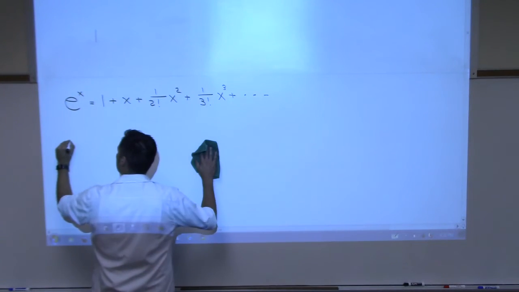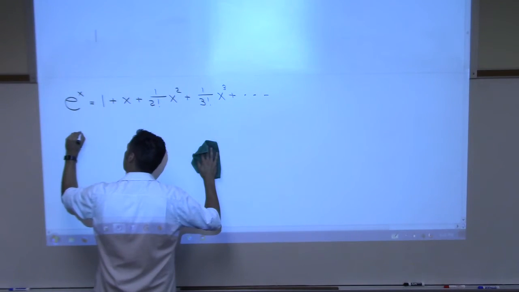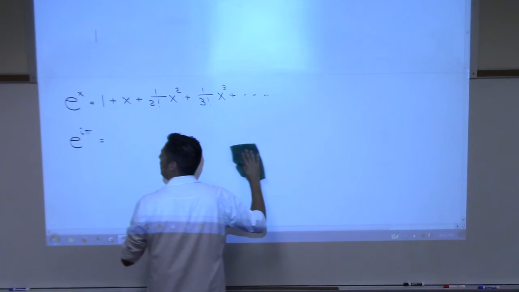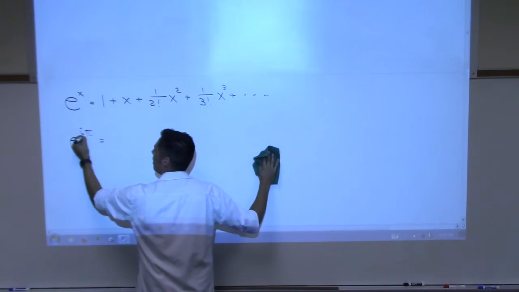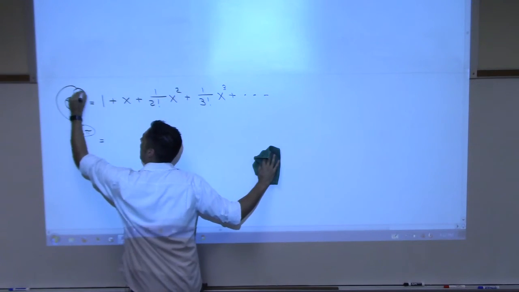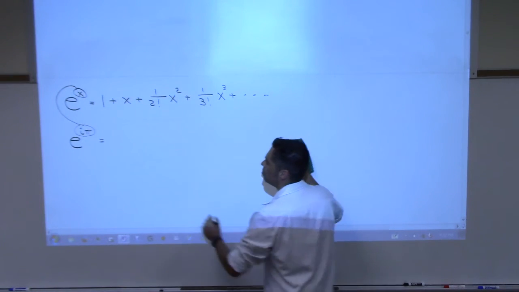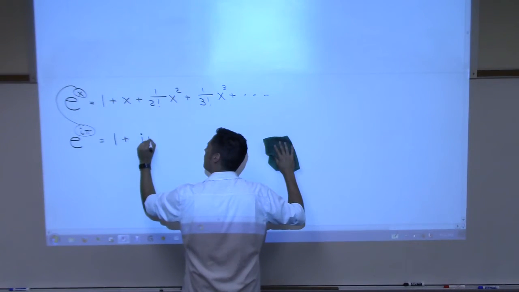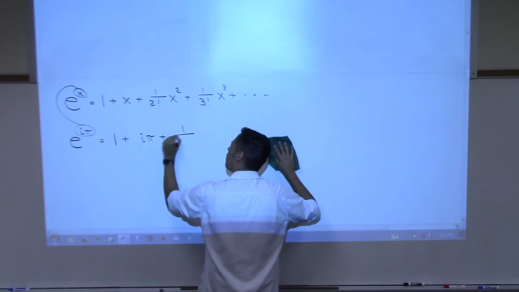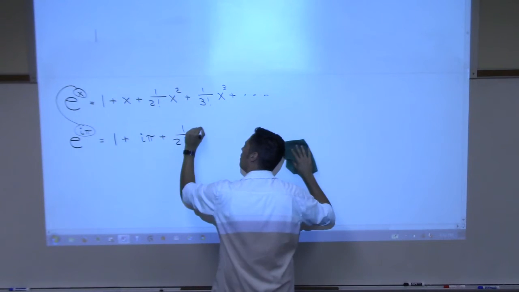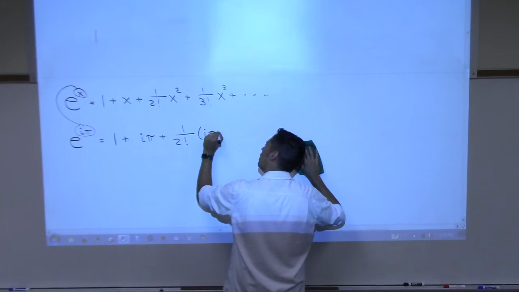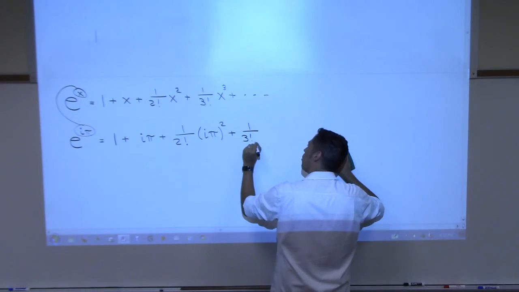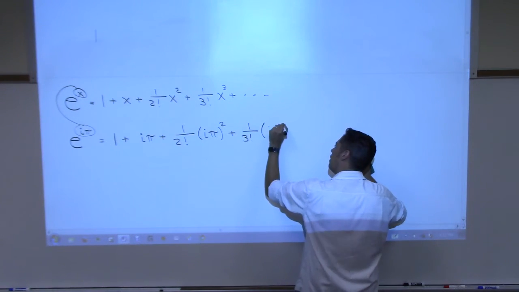Okay. Then what is e to the i pi? Well, e to the i pi, this is my x, right? So this should be 1 plus i pi plus 1 over 2 factorial i pi squared plus 1 over 3 factorial i pi cubed.